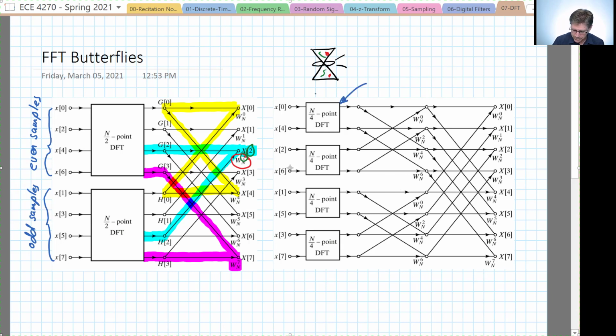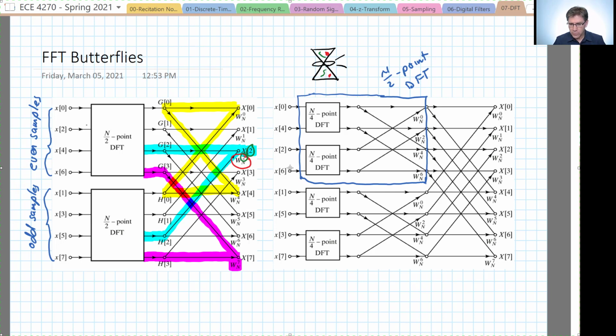This right here is our n over 2 point DFT from over there on the left. And we can continue doing this till we get down to a 2 point DFT, which is trivial, as we'll see.